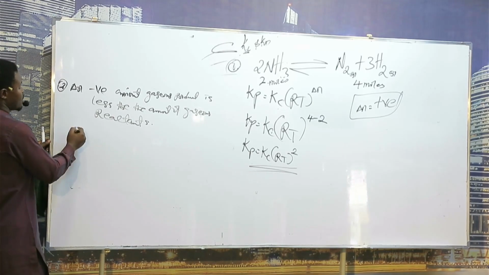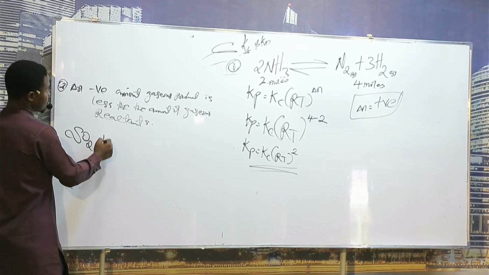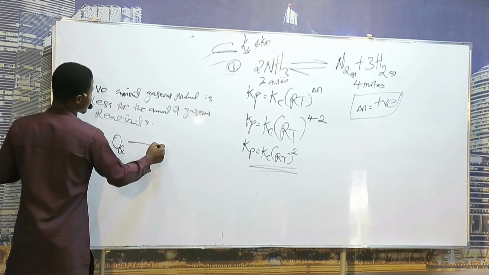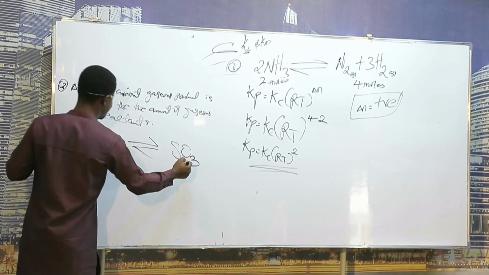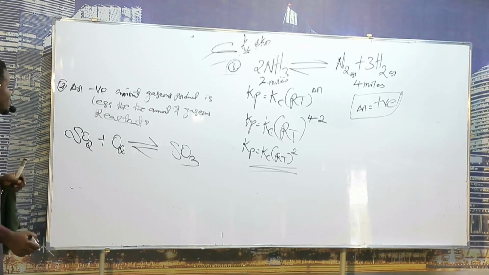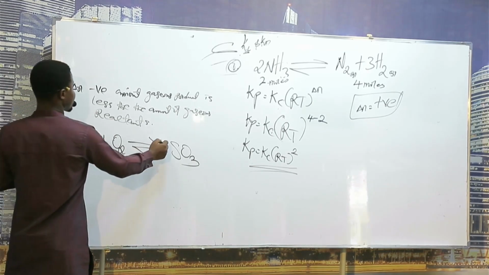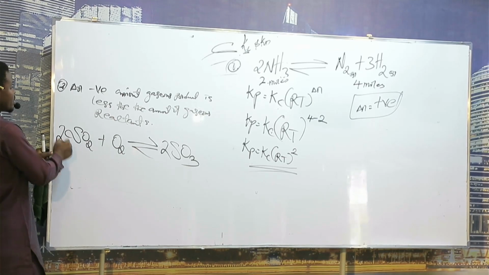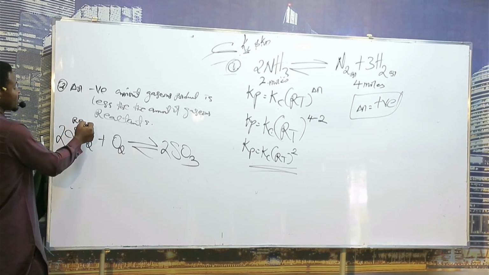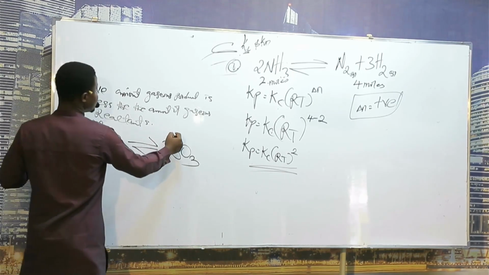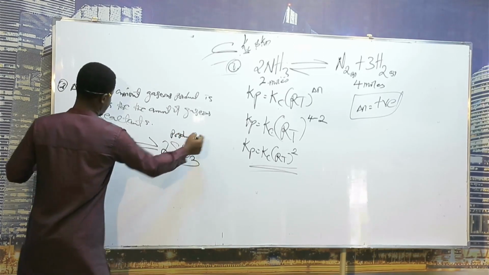Example: SO2 plus O2 gives SO3. Is it balanced? What should we do to balance it? We add 2 here and add 2 here. Check, is it balanced now? This is the reactant and this is the product.